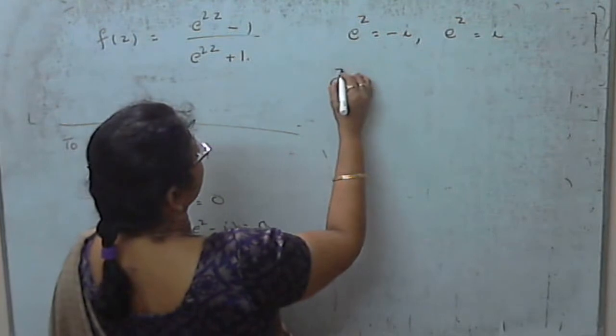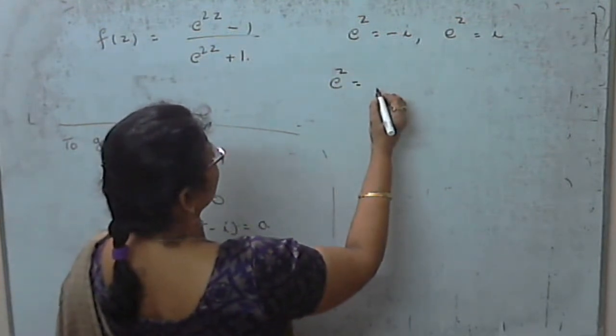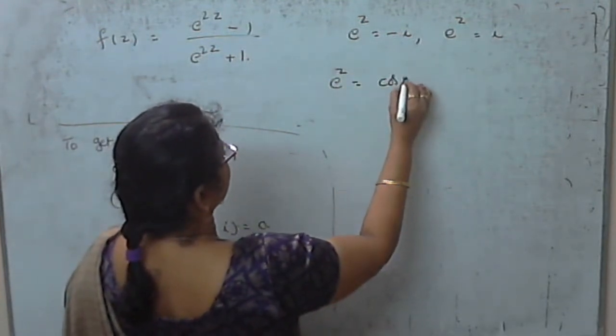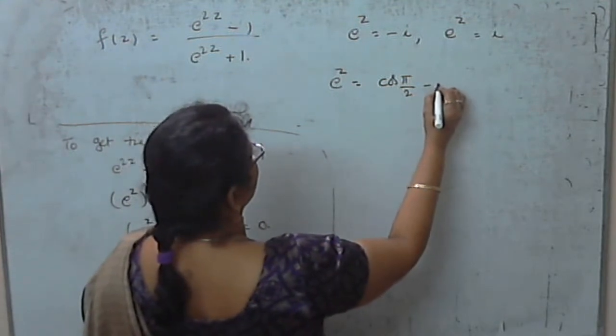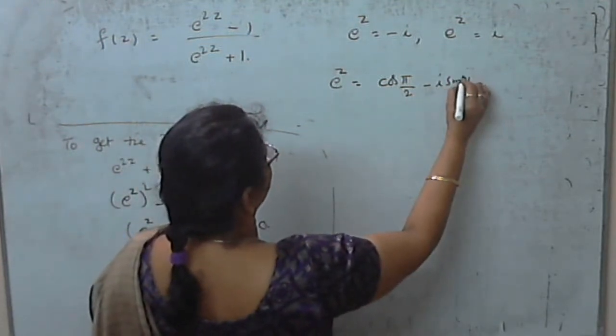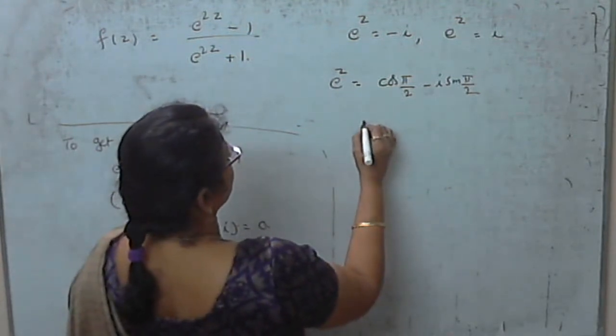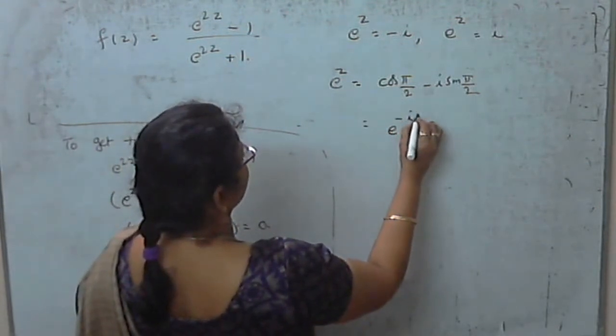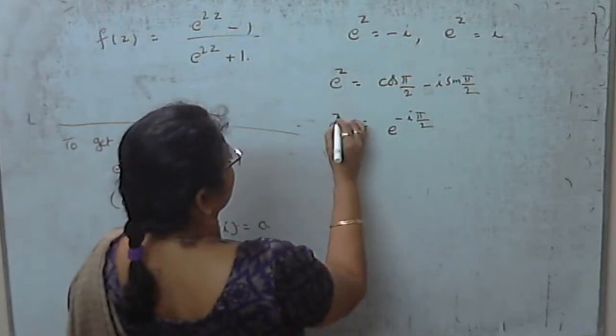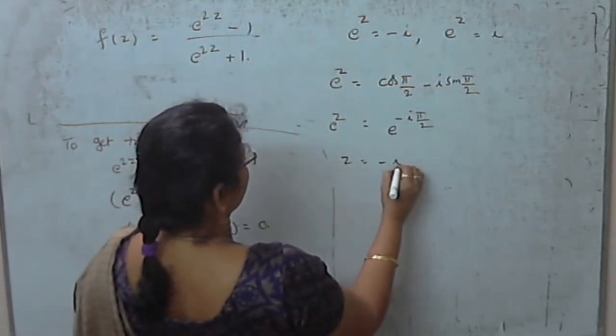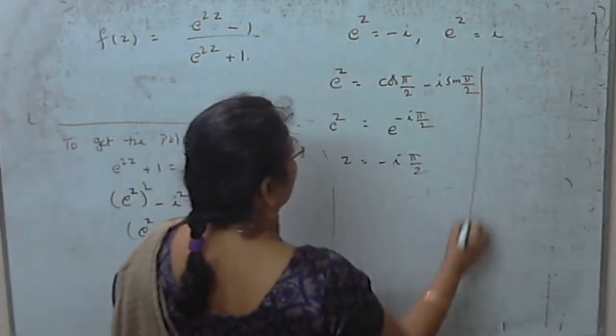So e^z equal to minus i can be written as cos pi by 2 minus i sin pi by 2. Cos 90 is 0, sin pi by 2 is 1. So e^(minus i pi by 2). So z equal to minus i pi by 2.